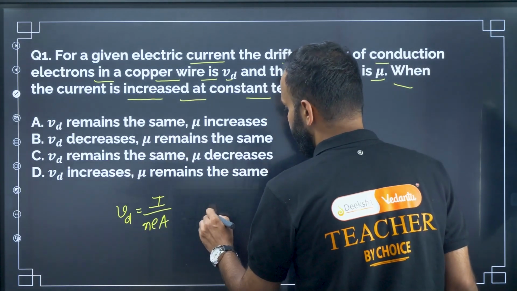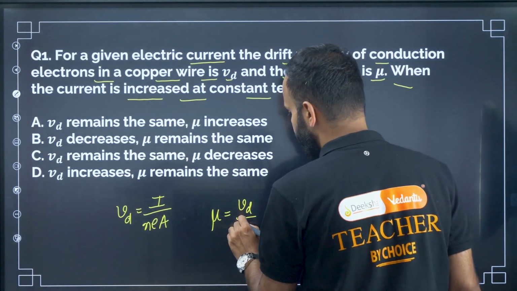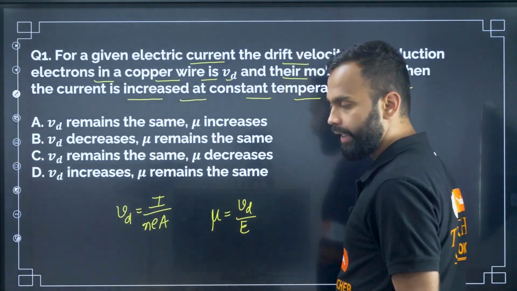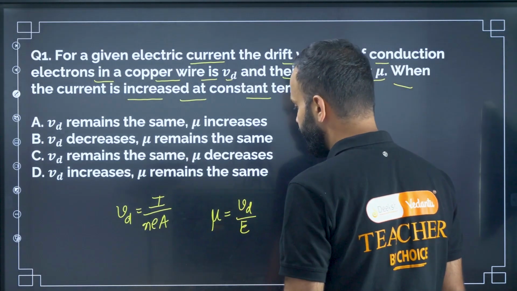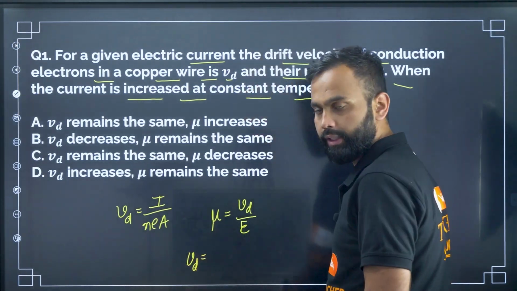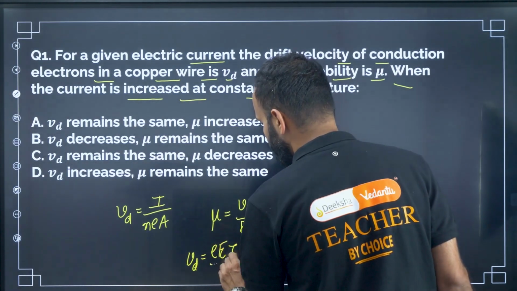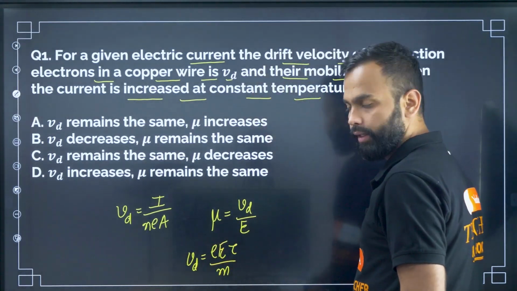And we know that mobility mu equals Vd divided by E. Also drift velocity Vd equals E into tau divided by m.